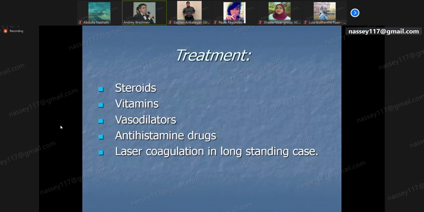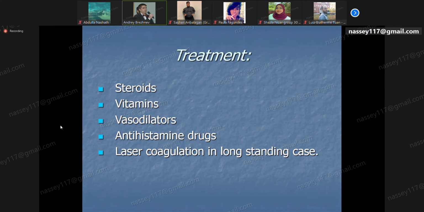We use corticosteroids. They can decrease the severity of retinal edema, and strengthen the walls of the blood vessels of the retina. Sometimes we can use vitamins, especially group B, for neurosensory retina to prevent its damage and to increase survival.